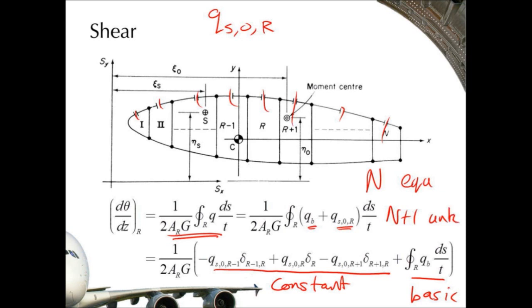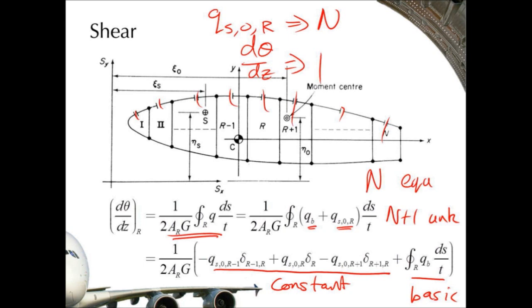Because we've got n unknown constant shear flows, and we've got 1 unknown d theta dz. So we need one more equation to be able to solve this problem, and it's the same equation that we used for torque, just written slightly differently.